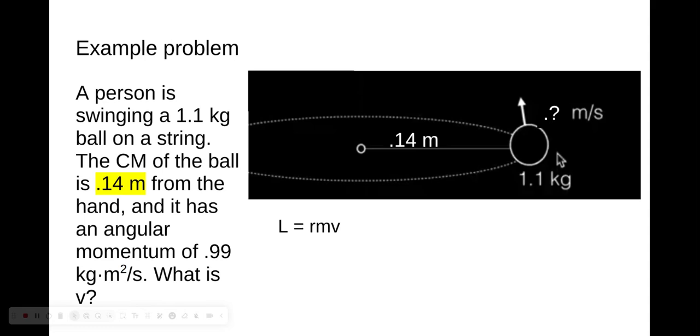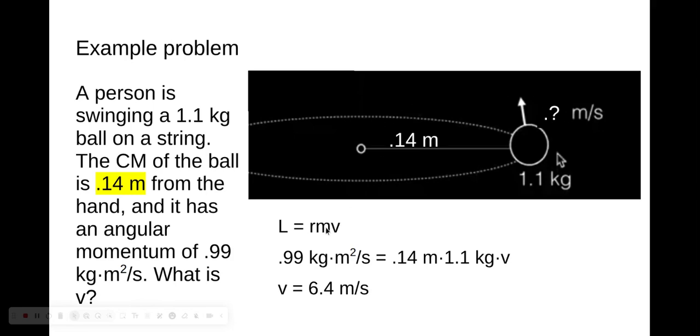In this case, we know R and we know M. We don't know V. So we're going to plug those values in, do a little rearranging, and find V equals 6.4 meters per second. So in case you forgot, when it was a radius of 0.28 meters, the speed was 3.2. Now the radius is cut in half and the speed has doubled.